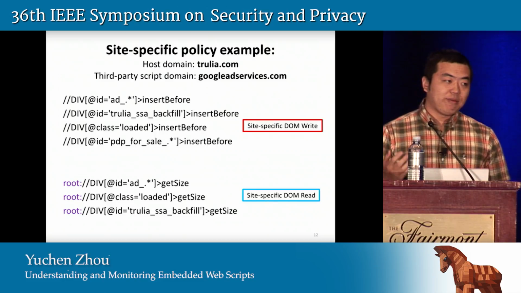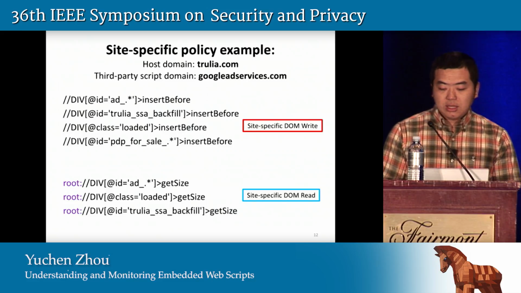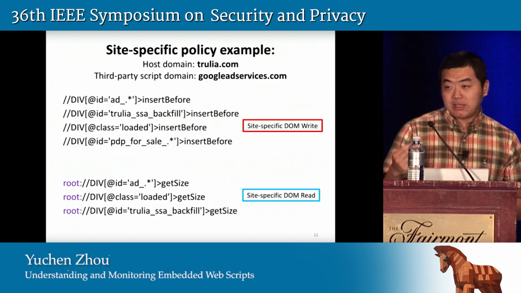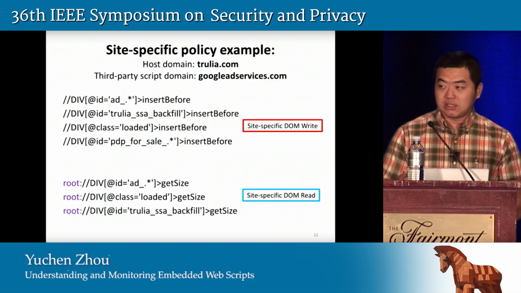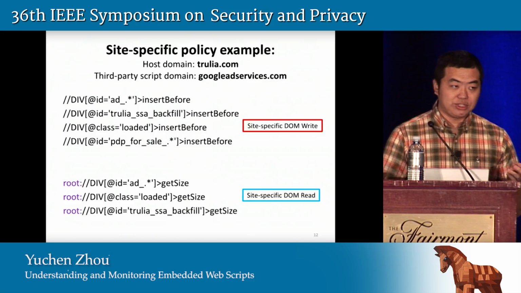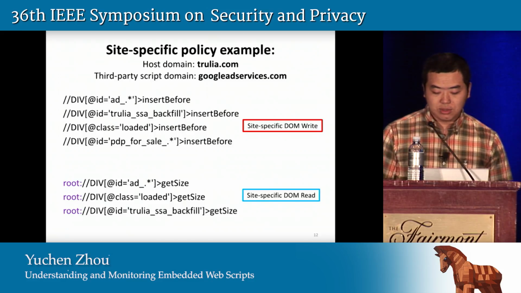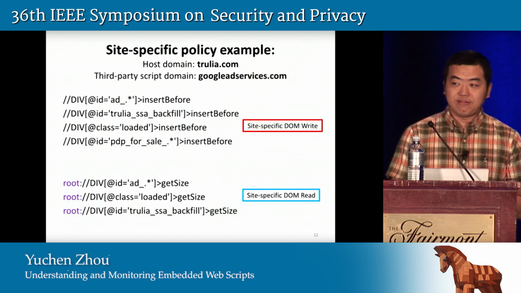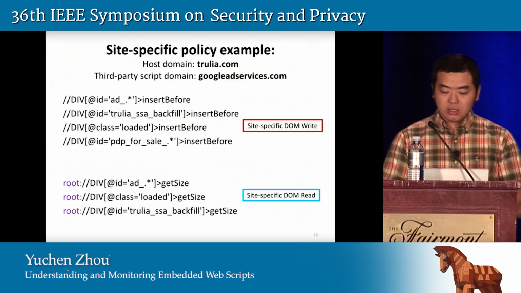So the site-specific policy is used to augment the base policies when necessary. And this is an example of Chulia.com embedding Google Ad Services. And you can see that they have certain policies about inserting content into certain ad placeholders. So here they have four placeholders, and then it would also need to read some location or size information about the ancestor elements of that placeholder.